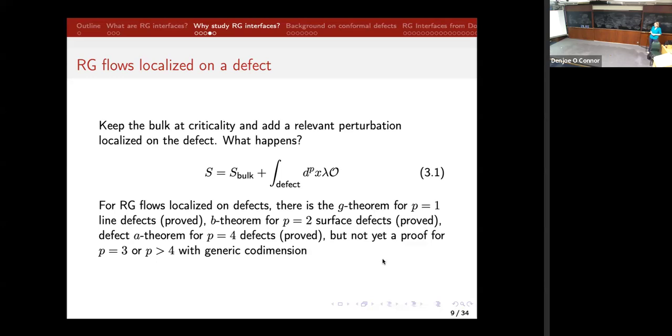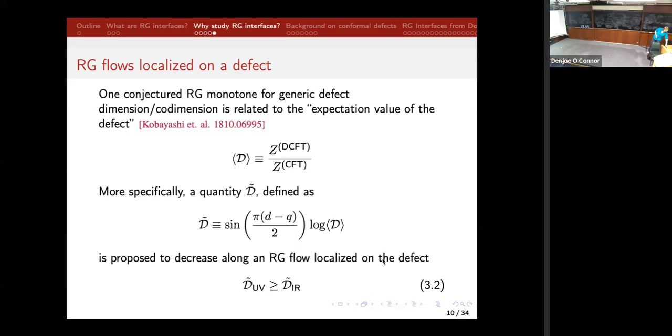So let me see. One of the conjectured RG monotones for a defect, with generic defect dimension and codimension, involves the expectation value of the defect, which can be thought of as the partition function including the defect, divided by that with the trivial defect.